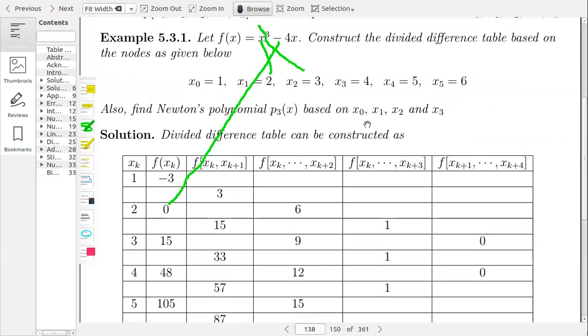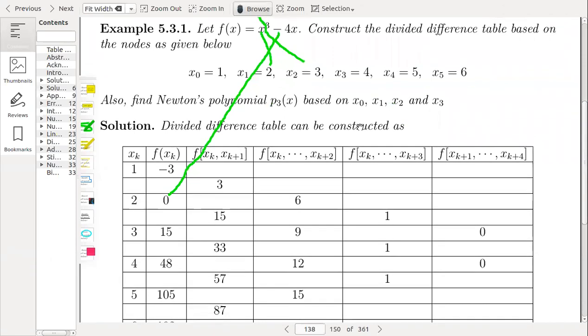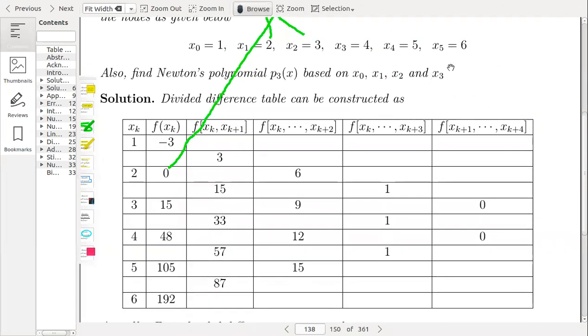For example, if you want to calculate the divided difference corresponding to these 2 points, x5 and x4, you will divide by the difference 6 minus 5 equal to 1. And what will be the numerator? Numerator is f of x5 minus f of x4.